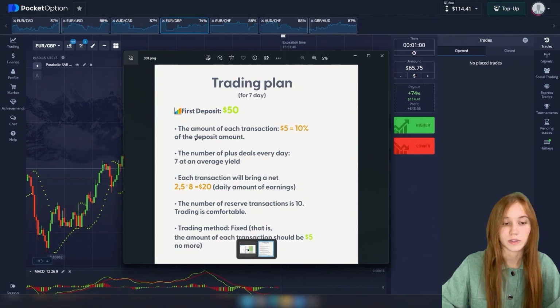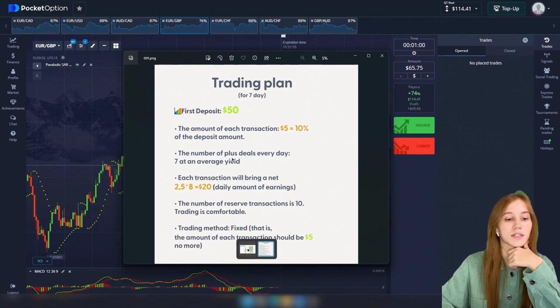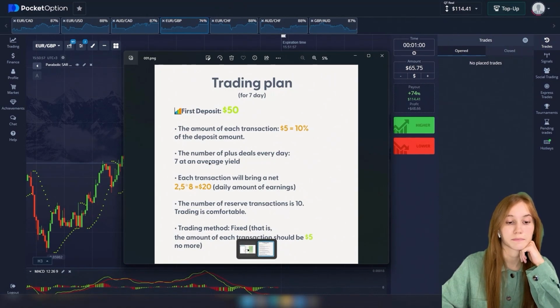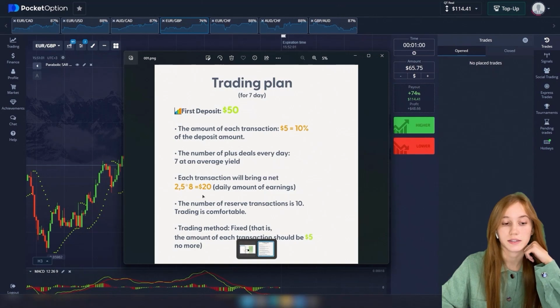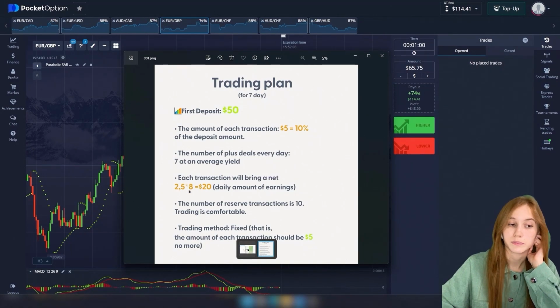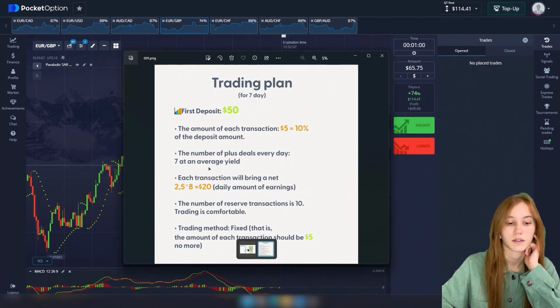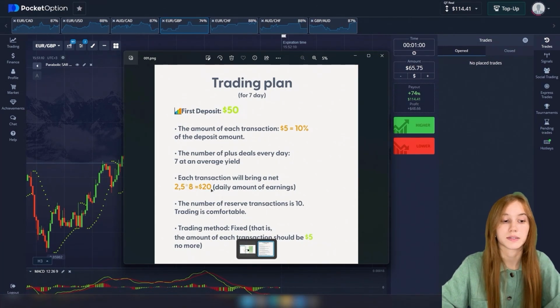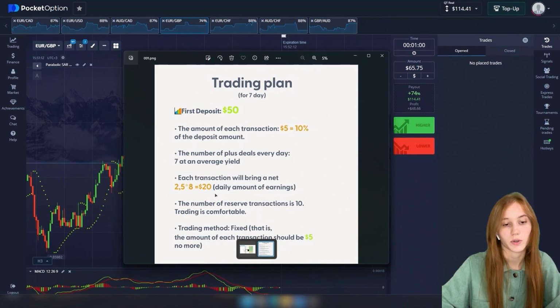And the number of profitable deals we have every day is an average number of successful deals. 7 days of profitable ones. Every deal will bring at least $2.5, plus or minus maybe, so you can use it.